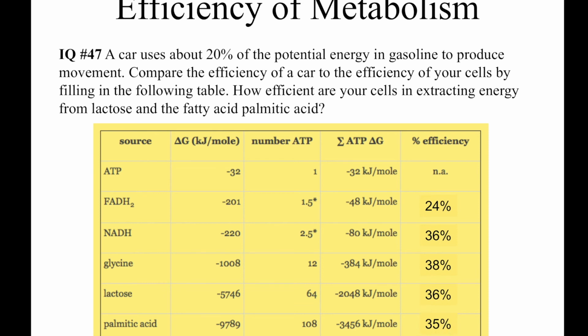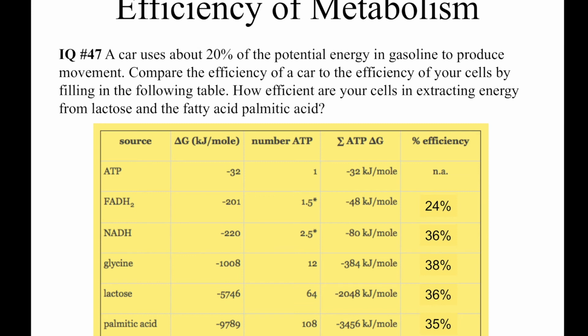So where does the other energy go? It goes into heat. Although this is a little bit controversial still, you can harvest some of that heat, and it contributes to why you are warm-blooded, why you have an internal body temperature that is high compared to your environment.